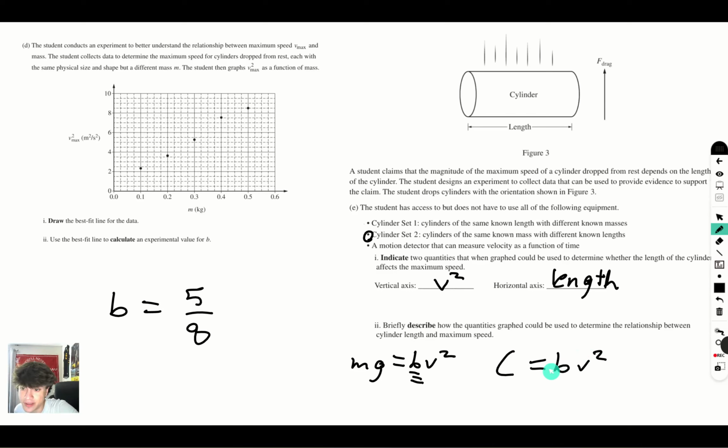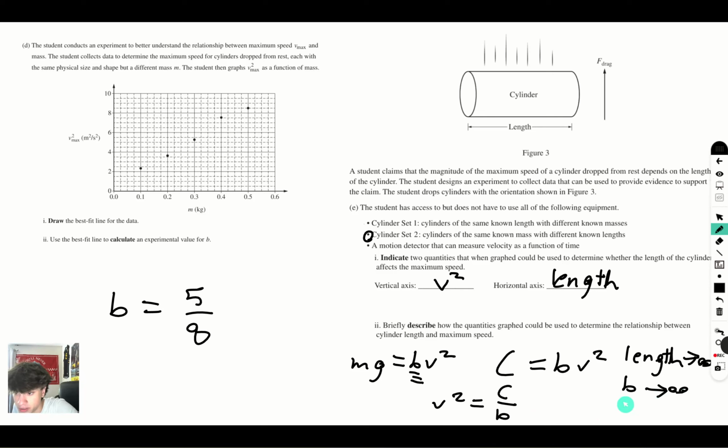So as we can see, as the length increases, or we can say as the length goes to, for example, infinity, we can see that our b will also go to infinity. And we know that our v squared is equal to c over b.